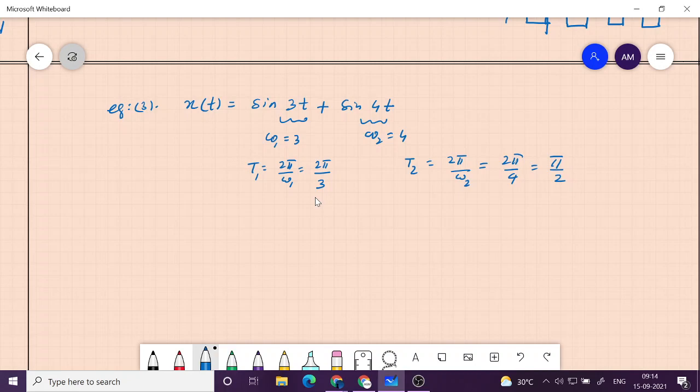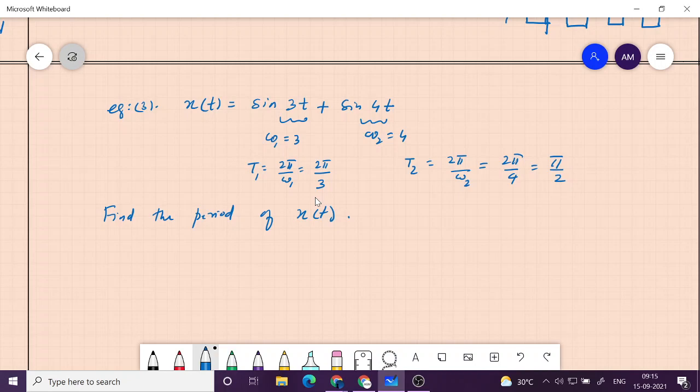Now what is the period of the sum of the two signals? Find the period of x of t. It has two components, two sine waves we are adding together. The first one has a period 2 pi by 3, and the second one has a period of 2 pi by 4.